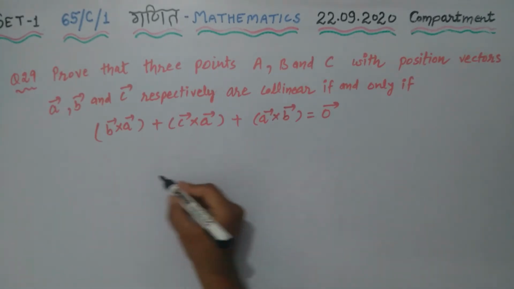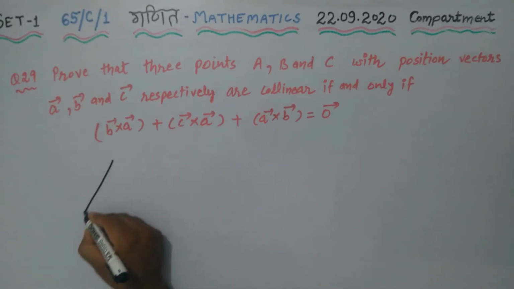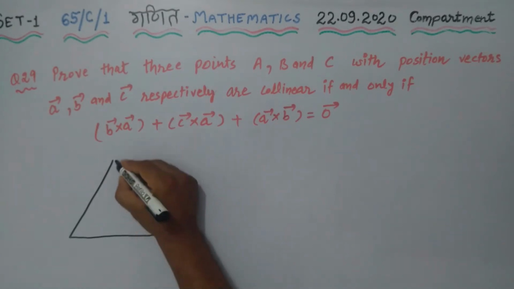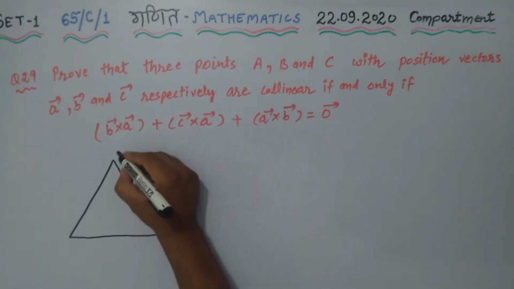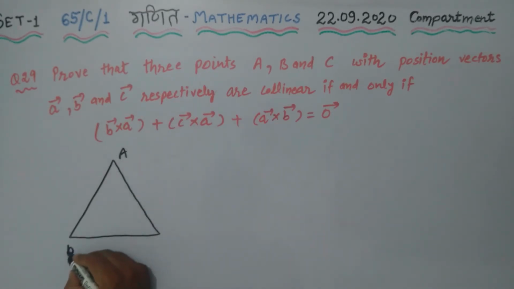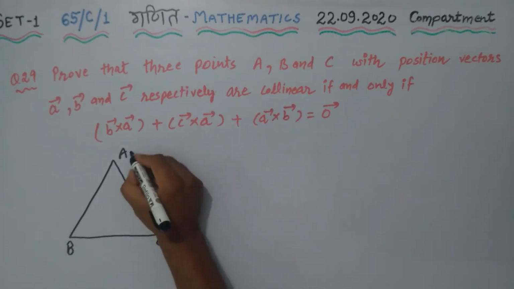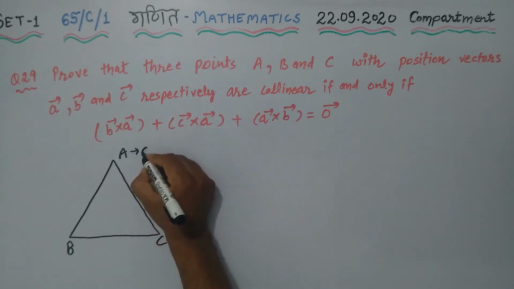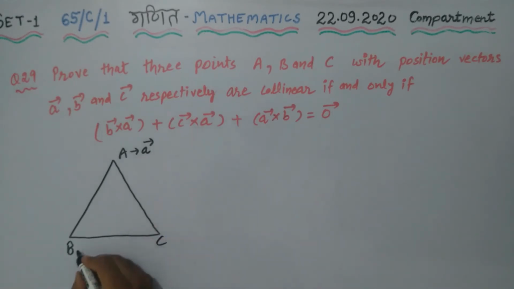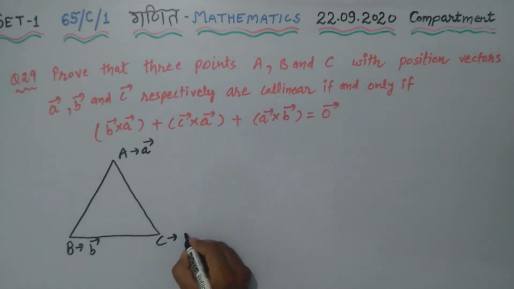So here suppose the 3 points form a triangle, right? A, B, C. A is denoted by position vector a, B by position vector b, and C point by position vector c.